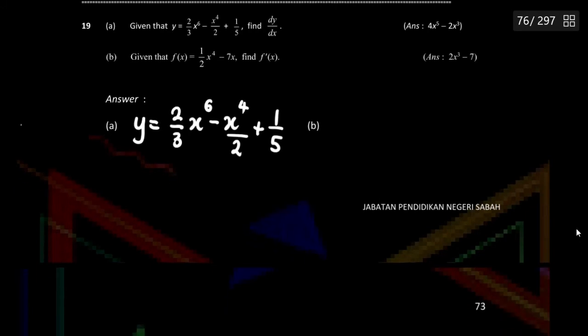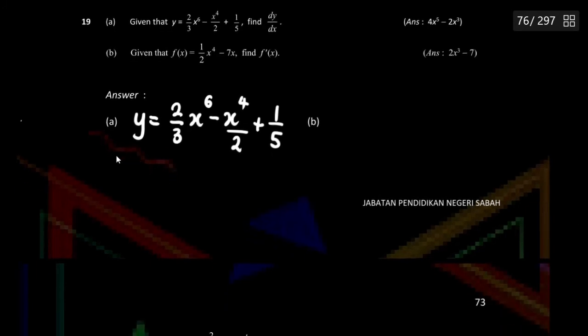When you find the derivative, what you must do to the x? First of all, your power you must bring down and times in front. So 6 times 2 over 3 will become 4x. What will happen to the power? The power will minus 1, isn't it? So 6 minus 1 is 5.